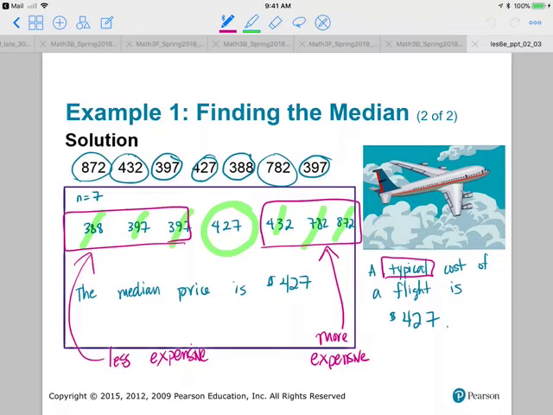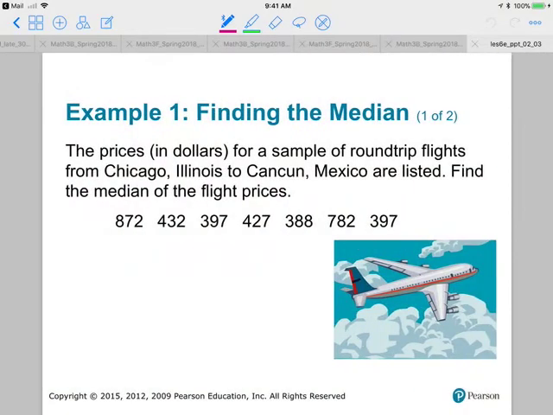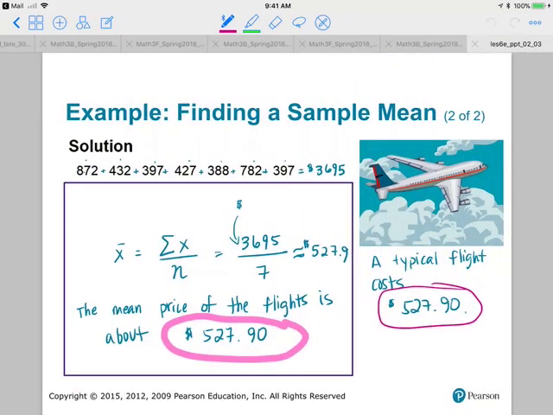Here, if you were to ask, what is the typical cost of a round-trip flight from Cancun to Chicago, both of these answers are valid, right? There's a valid argument to say 427 is a typical cost, and there's a valid argument to say that 527.9 is a typical cost.